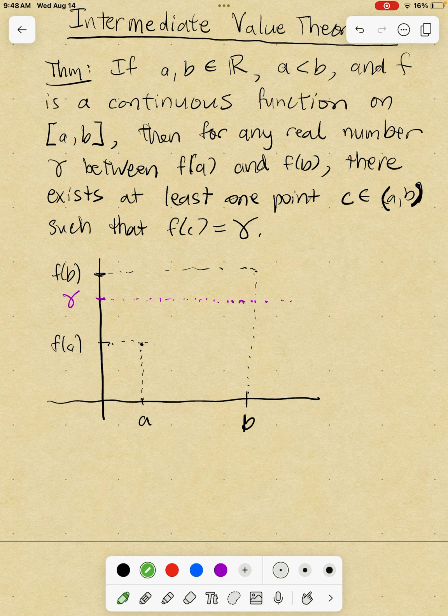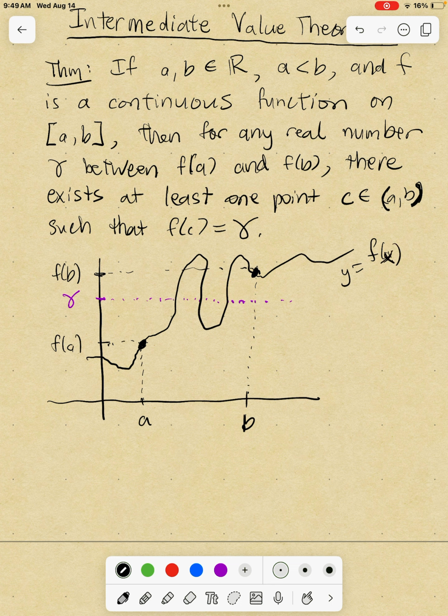So let's just look at an example. Let's draw a possibility for f. I have to go through this point and that point, right? So let's say that's f. This is the graph of y equals f of x.